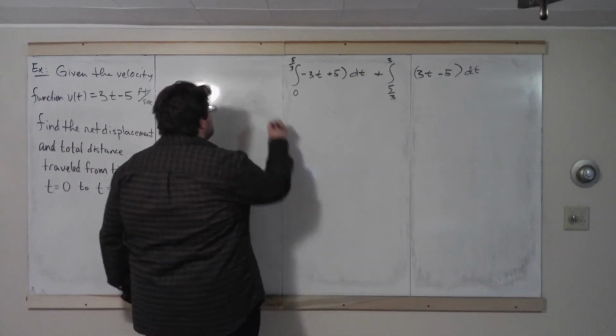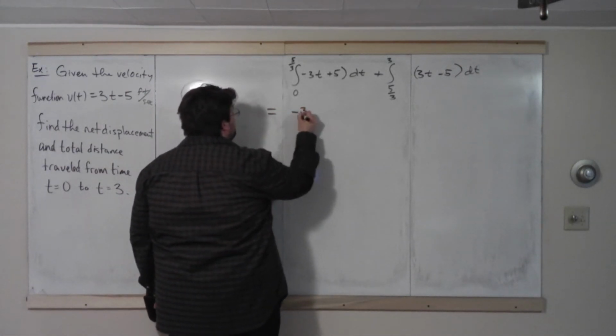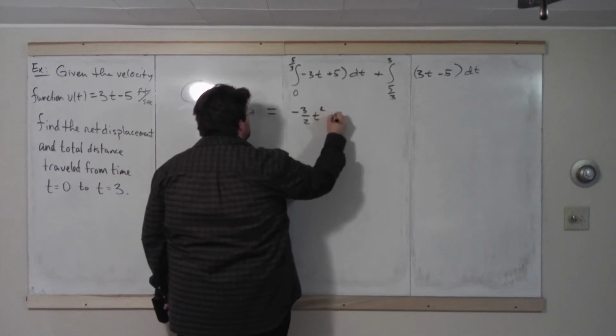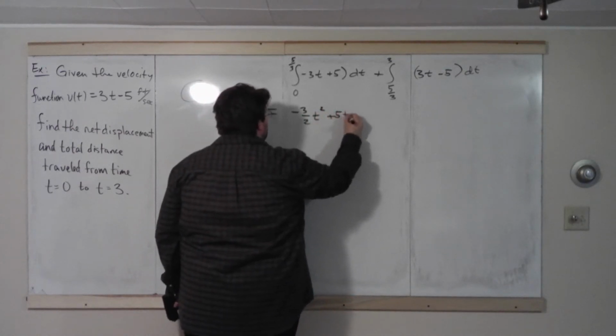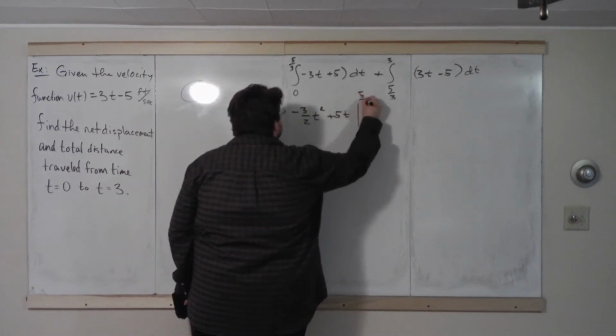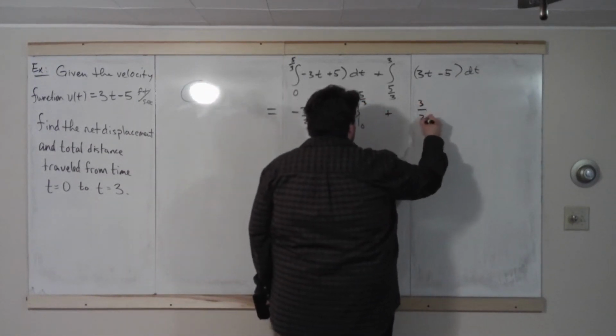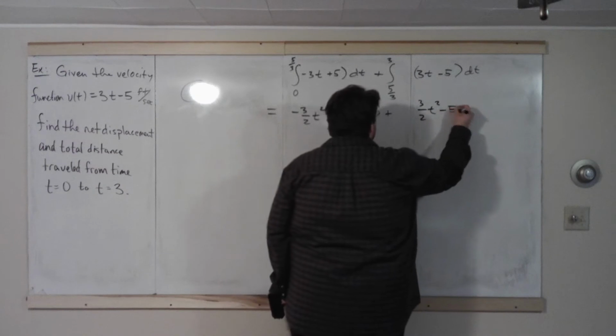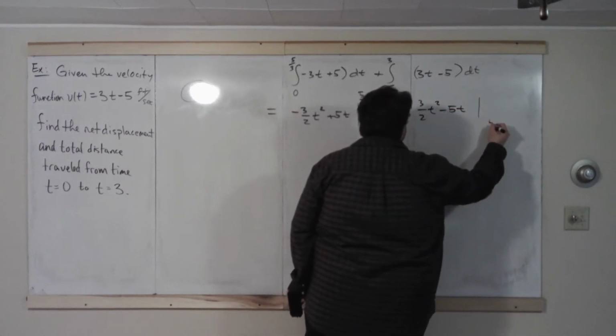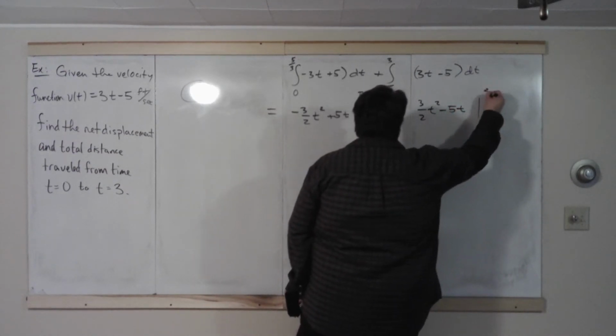And what do we get? Well, we have -3/2 t squared plus 5t from 0 to 5/3, plus 3/2 t squared minus 5t from 5/3 to 3.